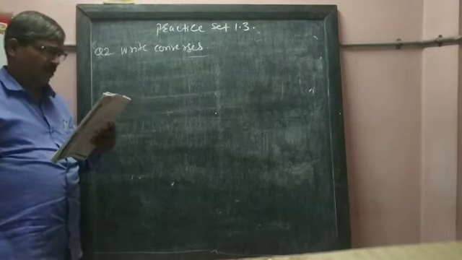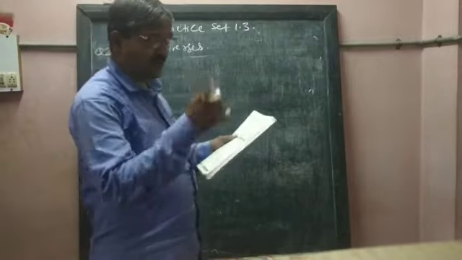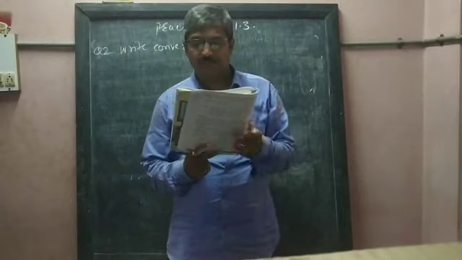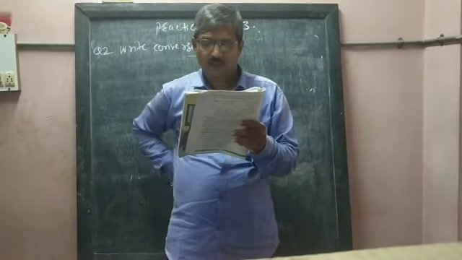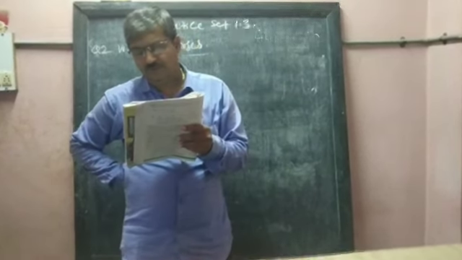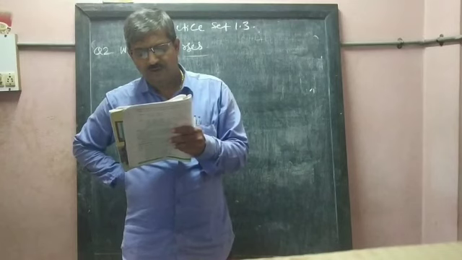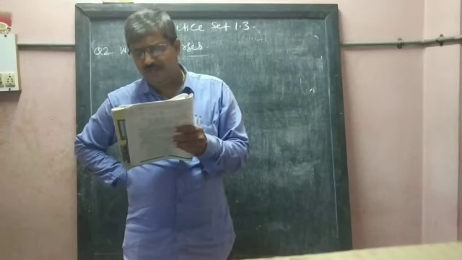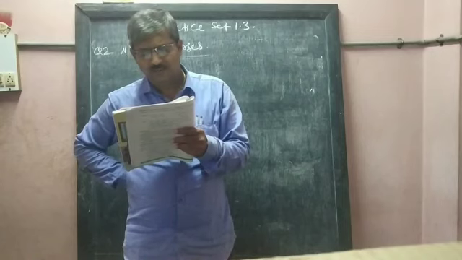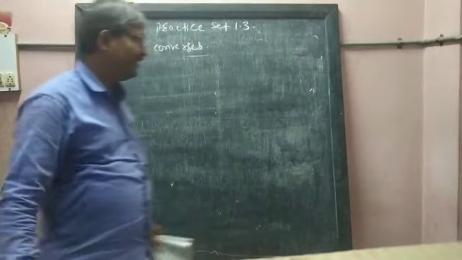If a pair of interior angles made by a transversal of two lines are supplementary, then the lines are parallel. Now here we should write, if two lines are parallel.